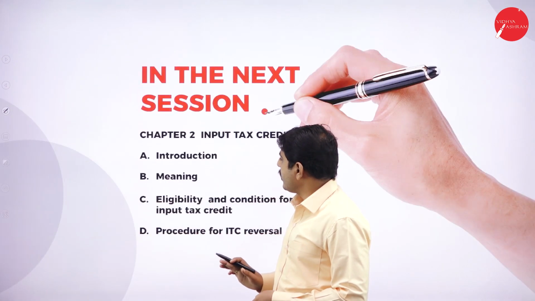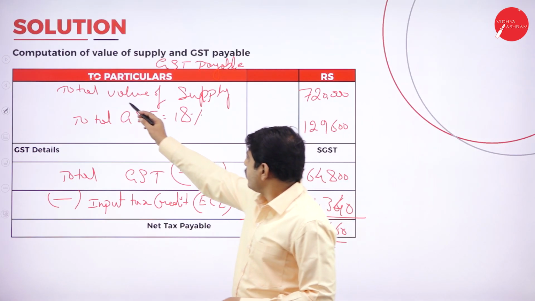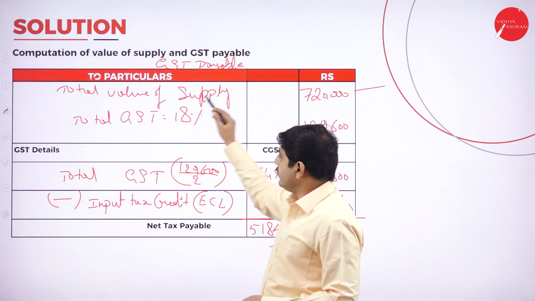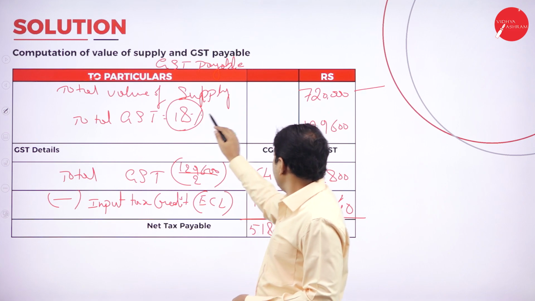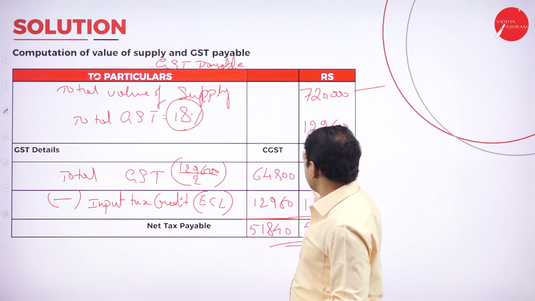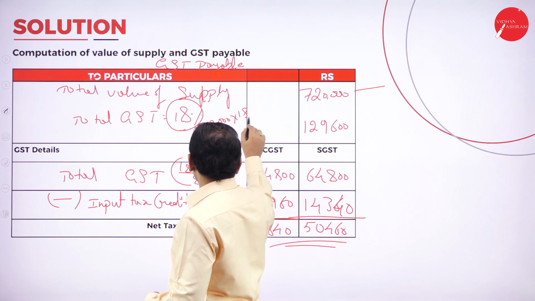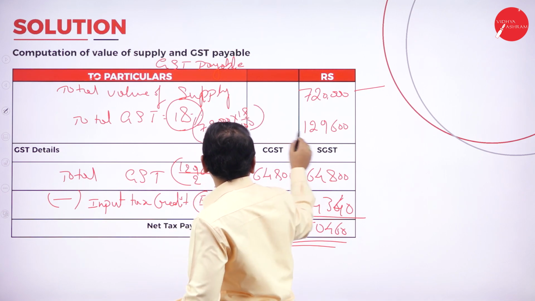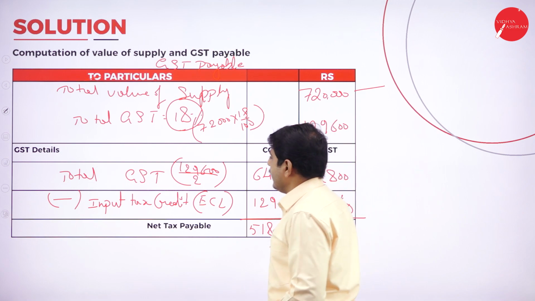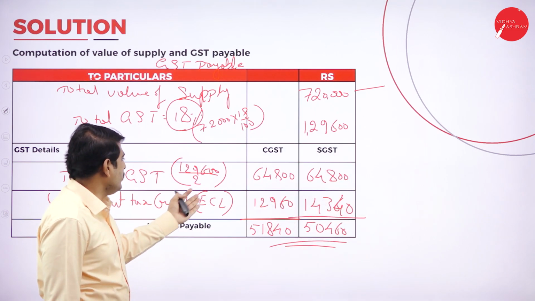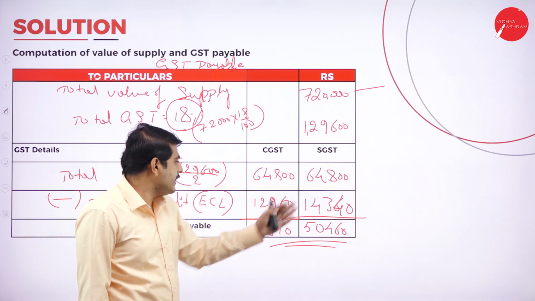So this is the problem. Once again I can explain. The total value of supply is 7,20,000. On that, the total GST payable is 18%. If you calculate 7,20,000 into 18 by 100, you will get 1,29,600. I bifurcated it as CGST and SGST, divided by 2, so you'll get 9% CGST and 9% SGST.